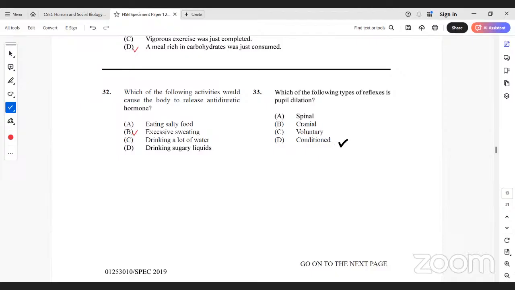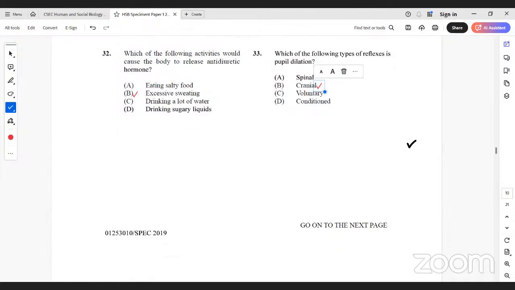The pupil is on your head, and all your reflexes happening on your head are called cranial reflex, right? For it to be a spinal reflex, it needs to be happening on a part of your body that is not your head, right? So B, 33 is B.